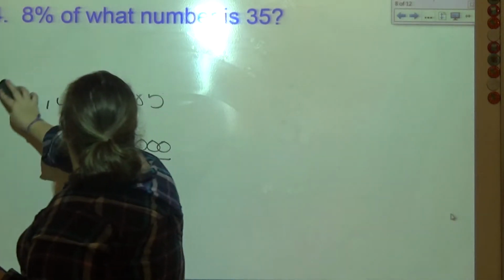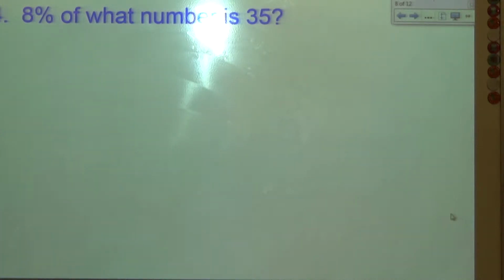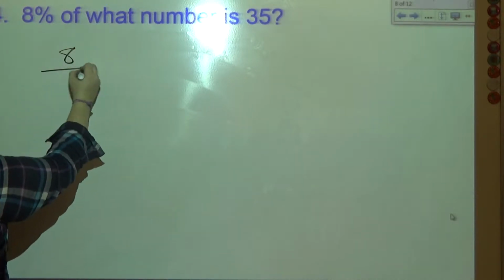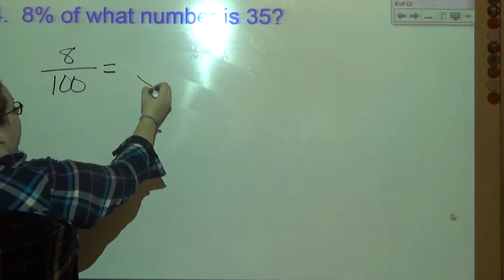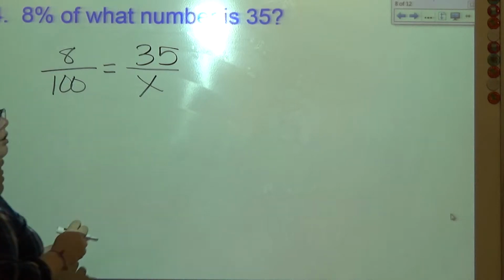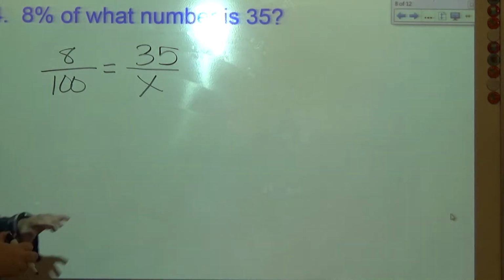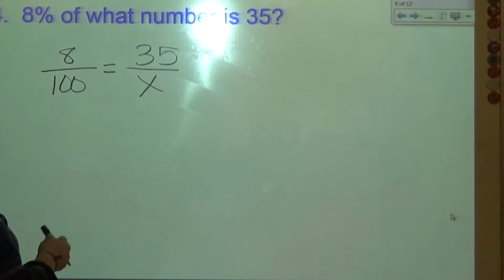All right, so we're going to do a few more. I did one, now you do one. So pause the video and try it on your own. So 8% per 100 of some number is 35. We find 8% of the whole equals your smaller number, your part.